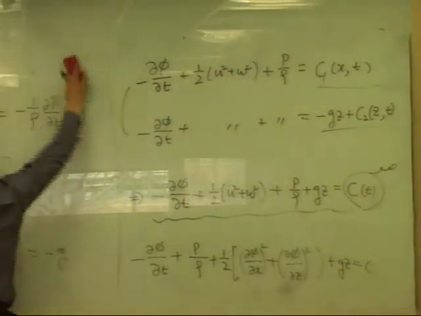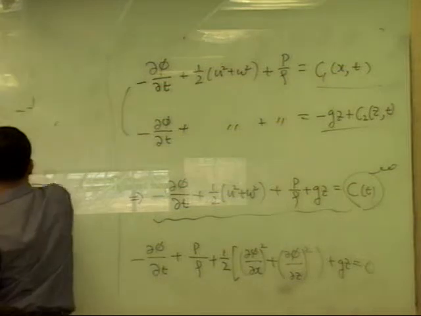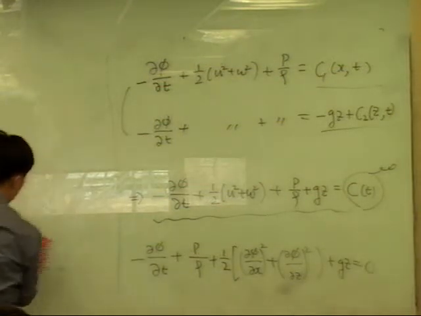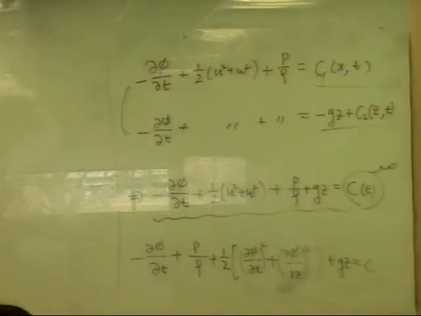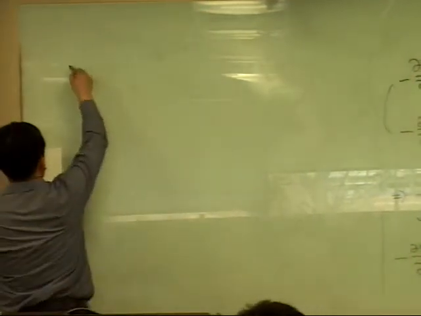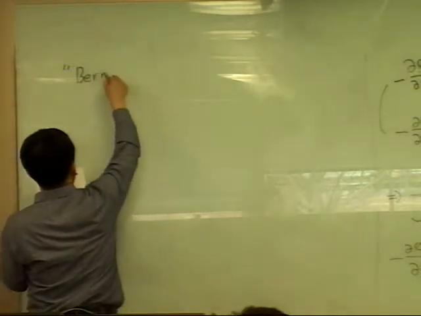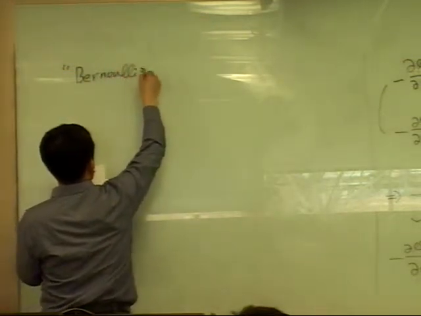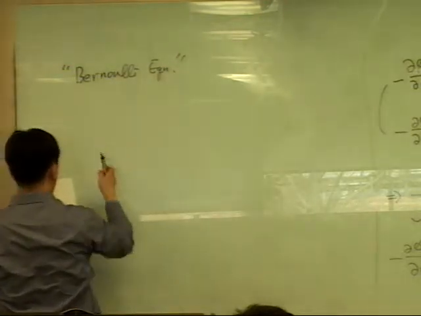What's the power of the Bernoulli equation? We had two equations of motion in x and z direction, but now we have only one equation, right? The equation doesn't depend on the direction. So that name is the Bernoulli equation.